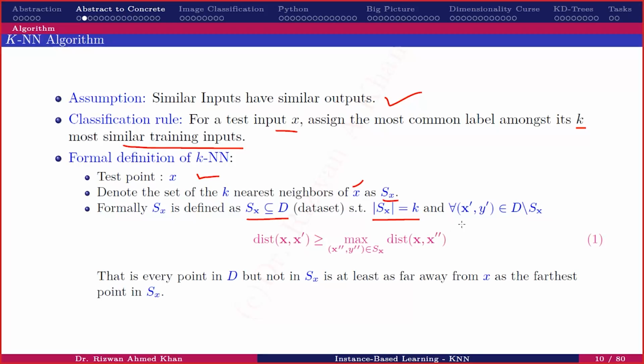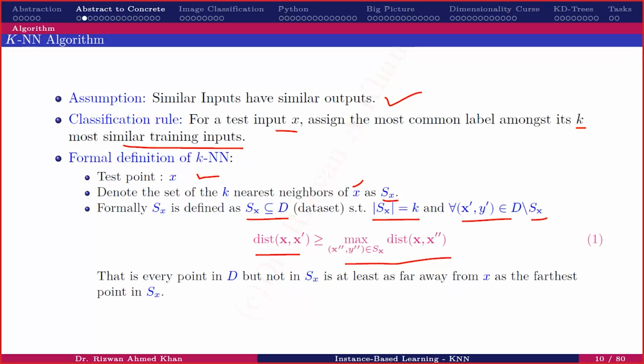And for all X prime, Y prime that are in D but not in Sx, so for all the data points in our data set which are not part of the neighborhood set, they have distance greater than or equal to the maximum distance of the neighborhood points.